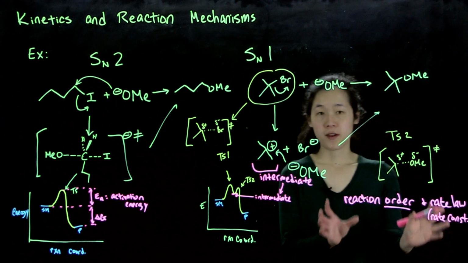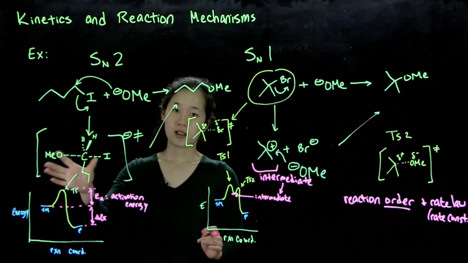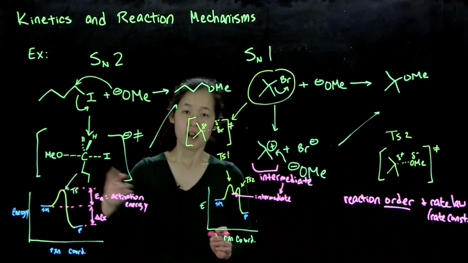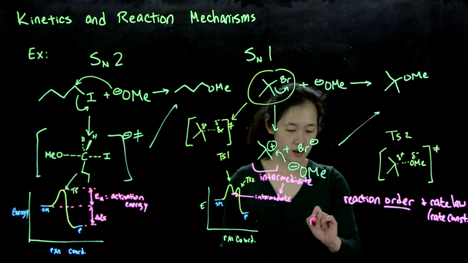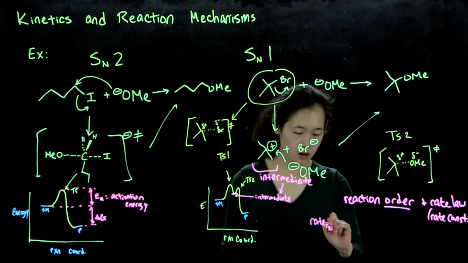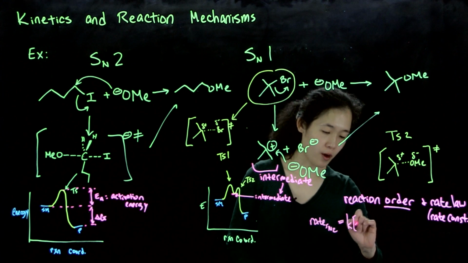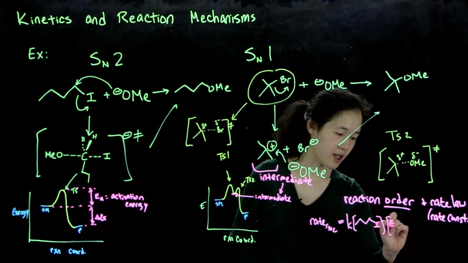We'll talk more about what this means, but you'll see that in the transition state for SN2, we have both the methoxide and our starting material interacting. So our rate for SN2 is going to be equal to some constant times the concentrations of both the butyl iodide and the methoxide.